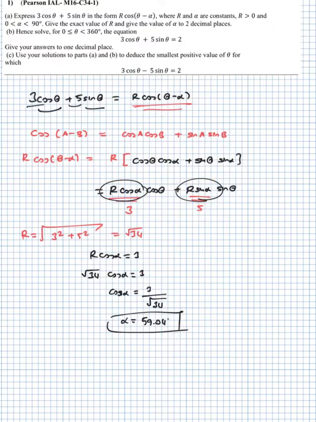So what I will write here: square root of 34 cosine (theta minus 59.04) is equal to 2. So if I divide both sides by root 34, what I will get: cosine (theta minus 59.04) is equal to 2 by root 34.